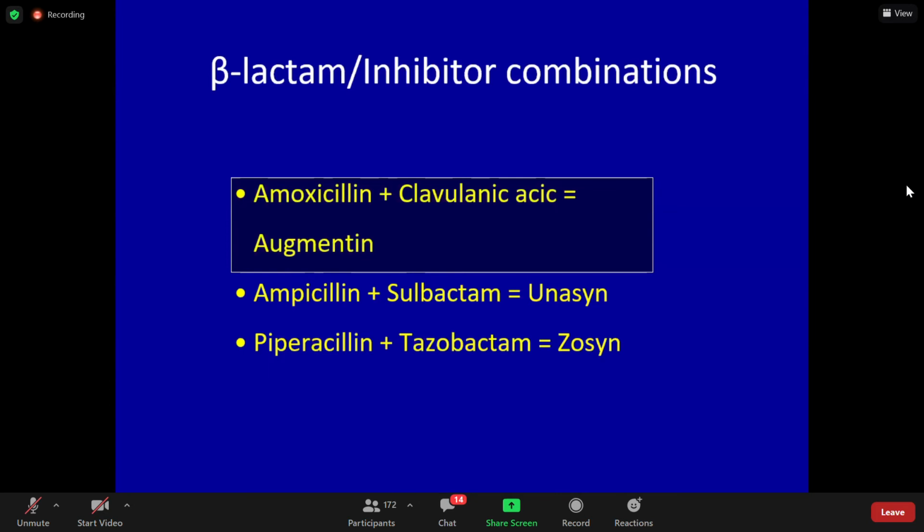The beta-lactam ring will be broken, hydrolyzed. In that case, if you combine amoxicillin with clavulanic acid, clavulanic acid is not an antibiotic itself, but it will inhibit the beta-lactamase which is coming from the bacteria. And then amoxicillin is free to produce its antibiotic action. Is this concept clear? Good.